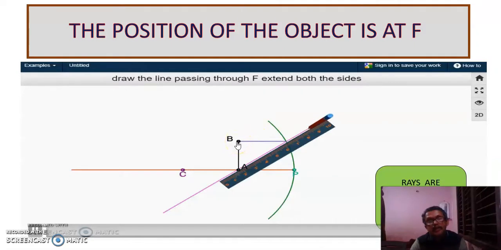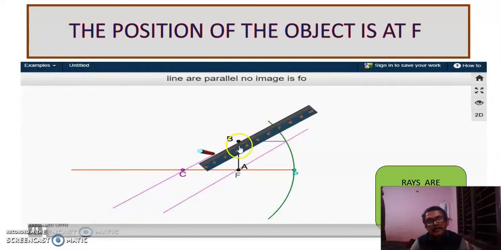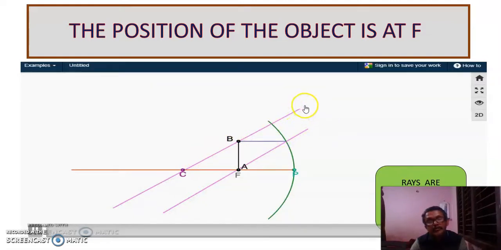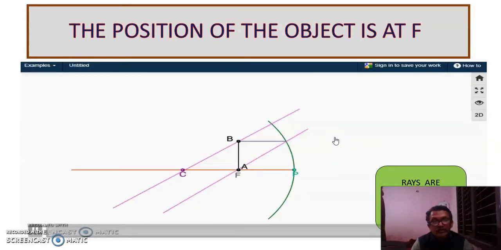Take one more ray from B that falls on the mirror and reflects like this. If we extend both the sides, they are parallel. Therefore the image is formed at infinite distance. We can't see the image, so it is not possible to tell the nature of the image. So now let us move on to the next one.